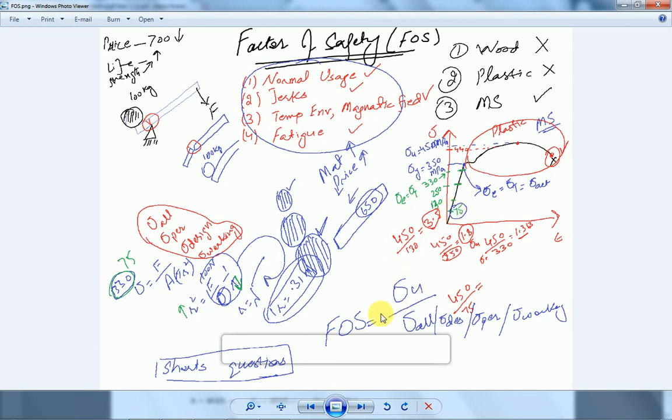So we concluded that the factor of safety is basically going beyond the ultimate point: ultimate divided by allowable, that is the factor of safety. So this was basically a design consideration, how we should select the factor of safety depending upon our usage.